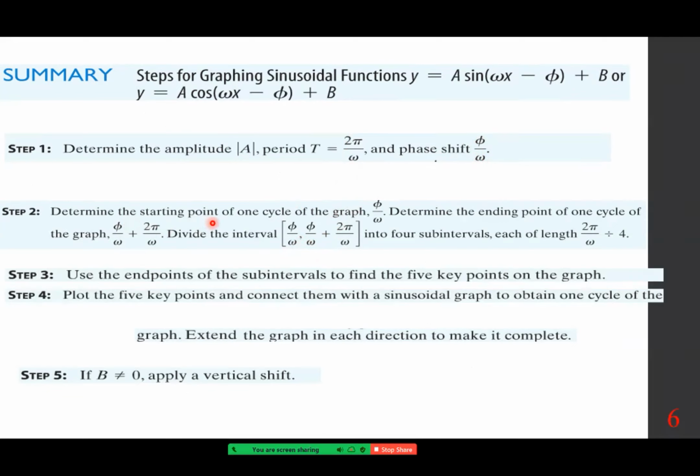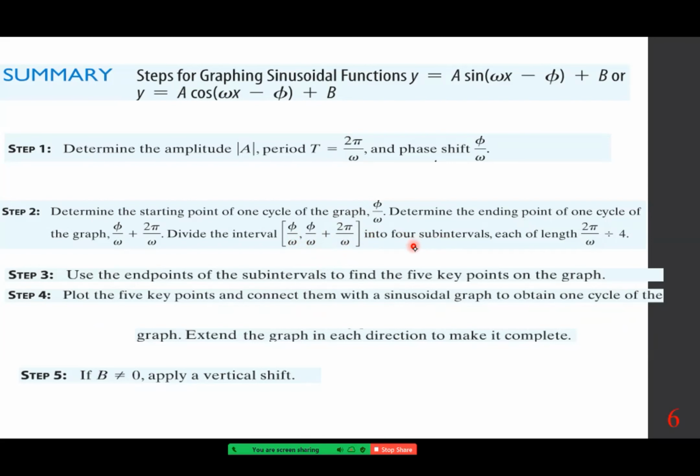So determine the starting point of one cycle of the graph, which is phi over omega. Determine the ending point of one cycle, which is phi over omega plus 2 pi over omega. And this is a complete cycle. This is the one that we cut into 4 subintervals.